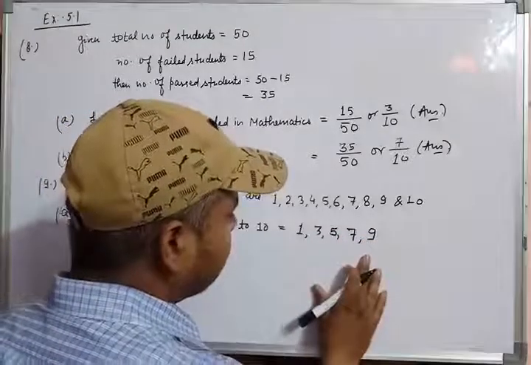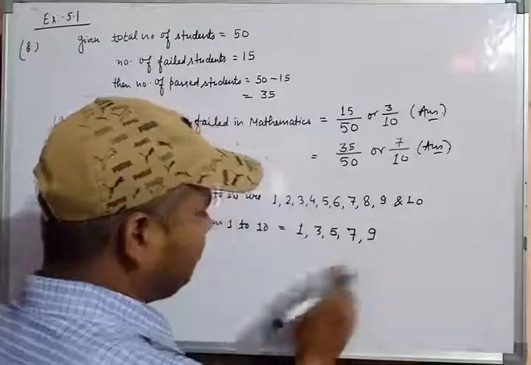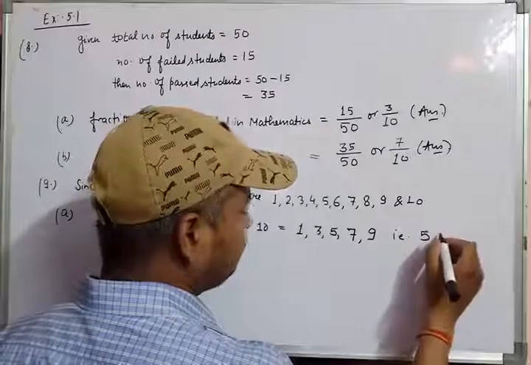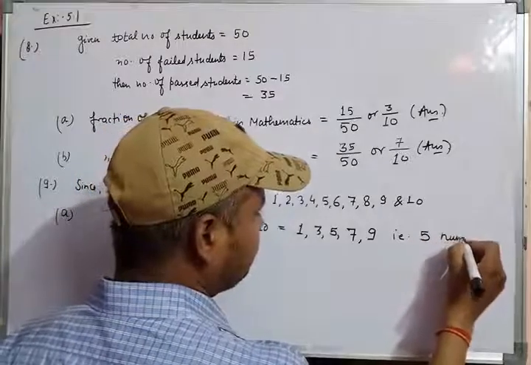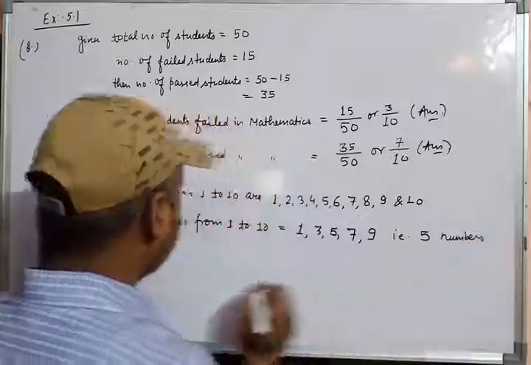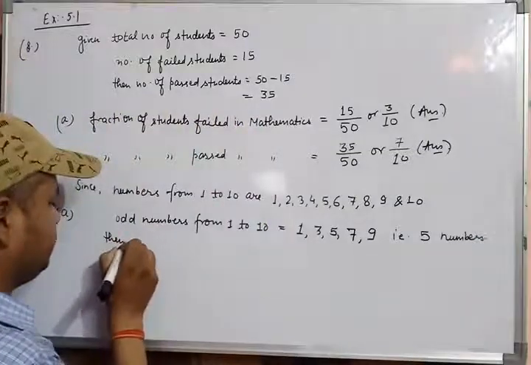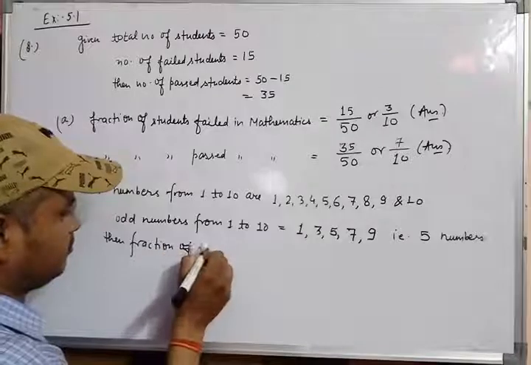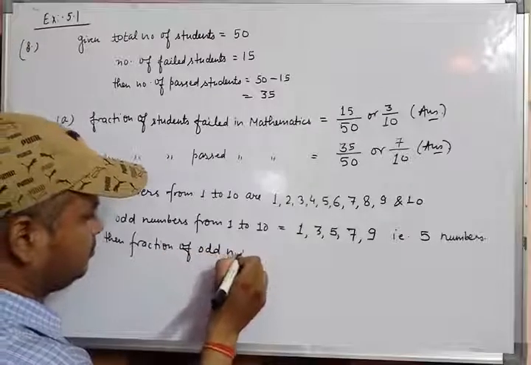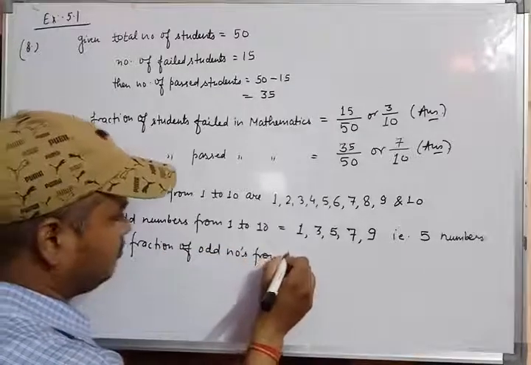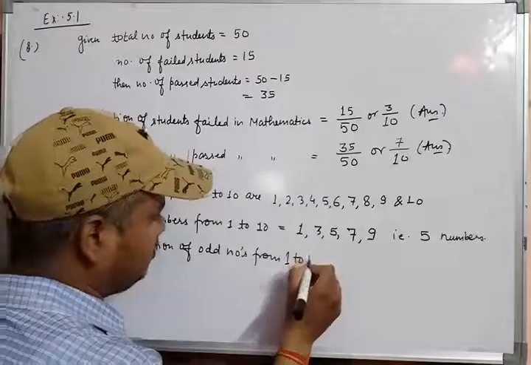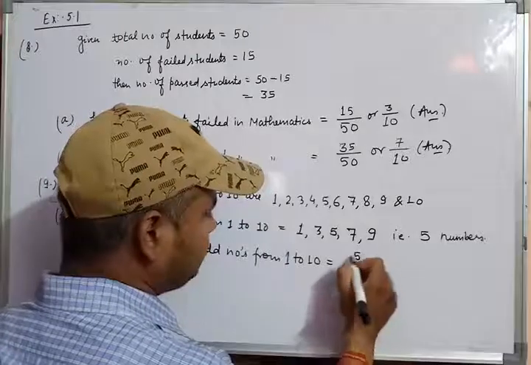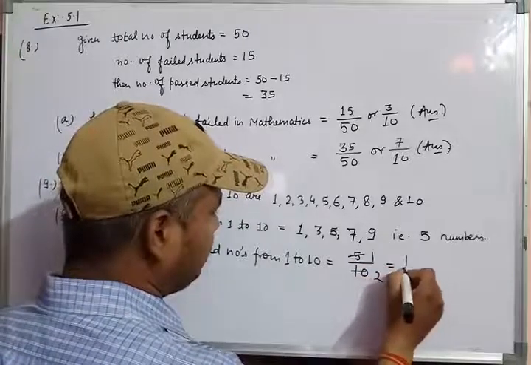These are called the odd numbers. That is, the total is 5 numbers. Then the fraction of odd numbers from 1 to 10 is: number of odd numbers is 5, total numbers is 10, that is 1 upon 2.